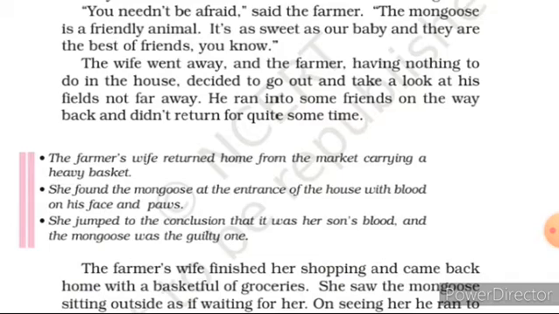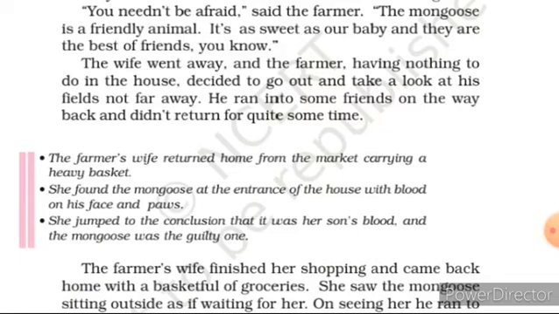Now look at the next paragraph, children. The wife went away, and the farmer, having nothing to do in the house, decided to go out and take a look at his fields not far away. He ran into some friends on the way back and did not return for quite some time.